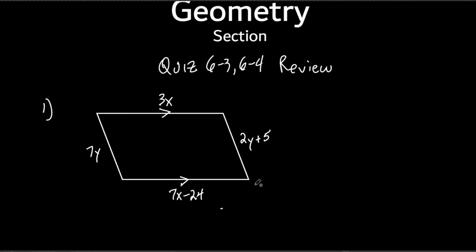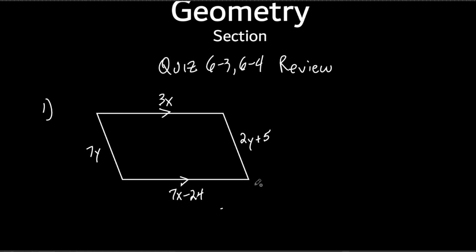So what must be true about the opposite sides of this thing if it was a parallelogram? That they would equal each other. Exactly right. So these two sides right here, if they're equal to each other, and if these two sides right here are equal to each other, then it's a parallelogram. Everybody with me?